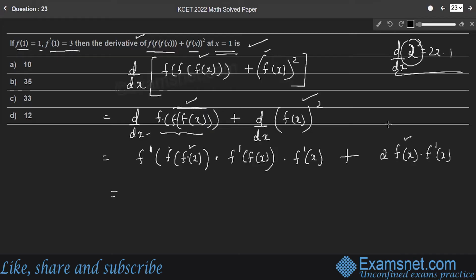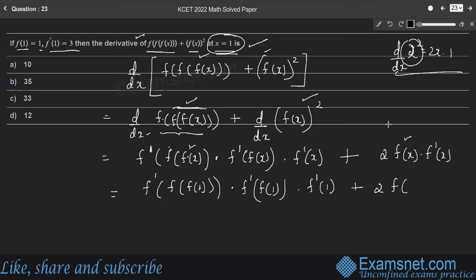here at x is equal to 1, substitute the value of x as 1. So the derivative becomes f dash of f of 1 into f dash 1 plus 2 times f of 1 into f dash 1.